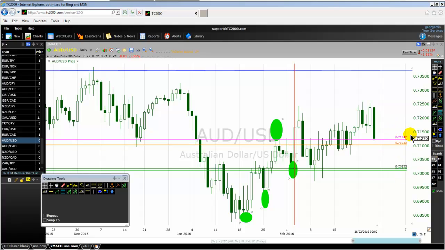These are 2 additional key support and resistance levels. But the most important key level is the long-term equilibrium price level for the Australian dollar US dollar currency pair. We don't want to forget the pink line at 7124. But for day trading and swing trading, for the next 2 weeks or so, this is the current short-term equilibrium price level at 7103.